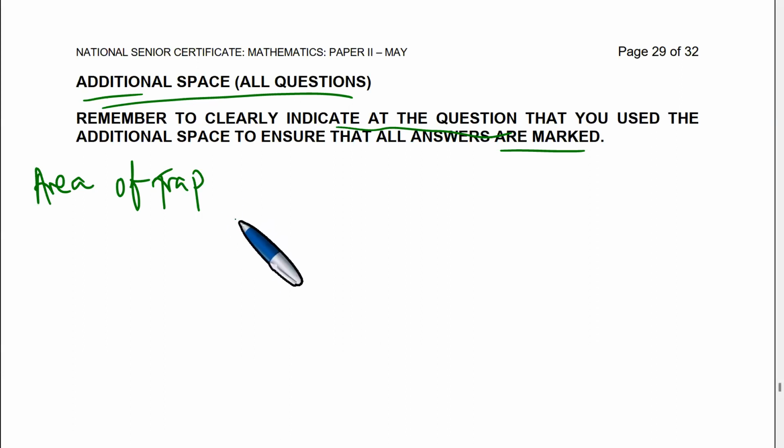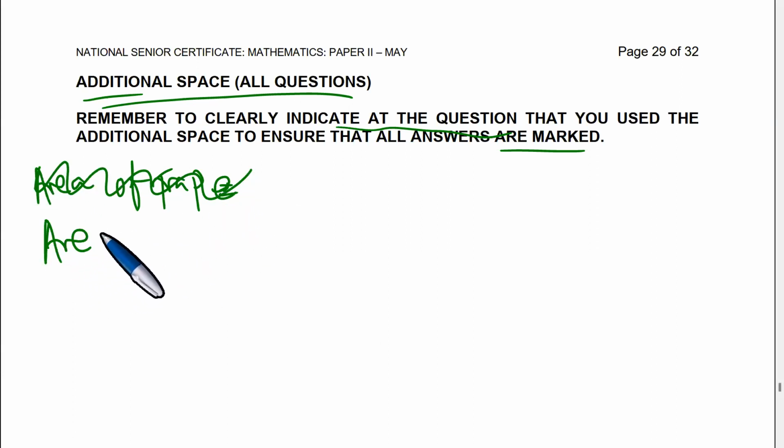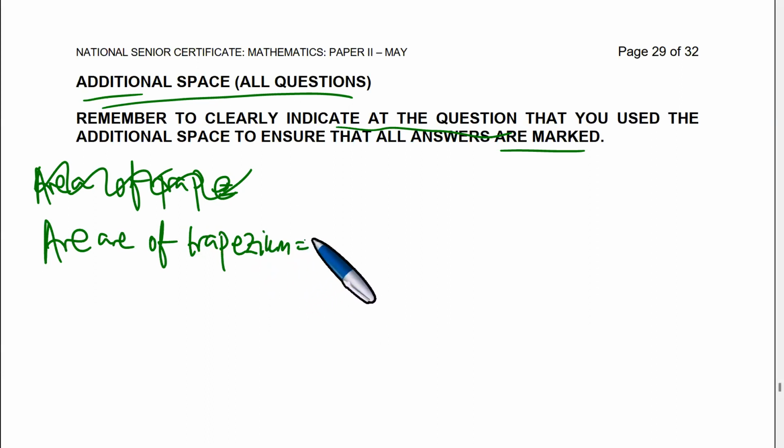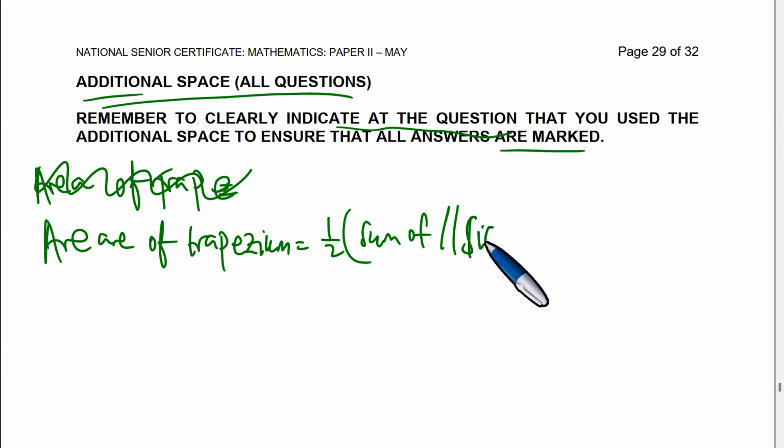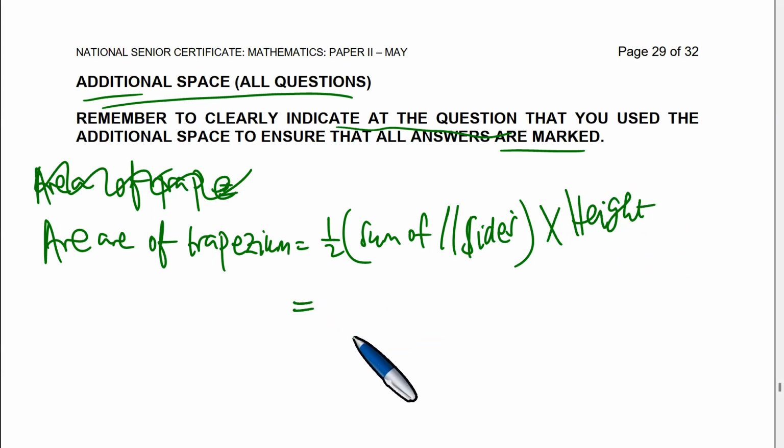So in other words, for the area of the trapezium, you can write properly here: area of trapezium is half into the sum of parallel sides multiplied by the height. So what are the parallel sides?